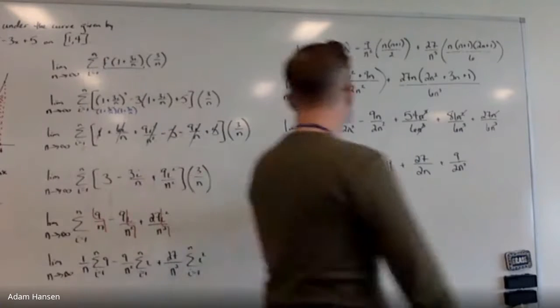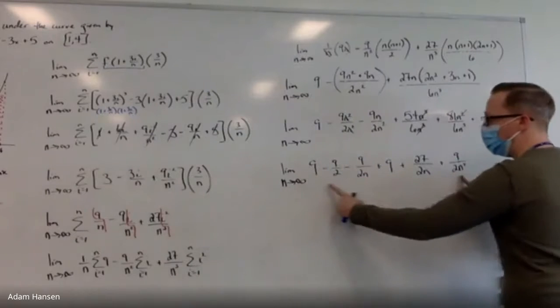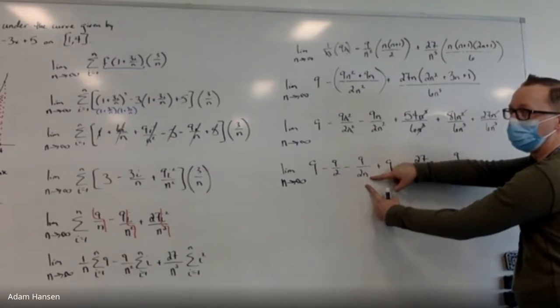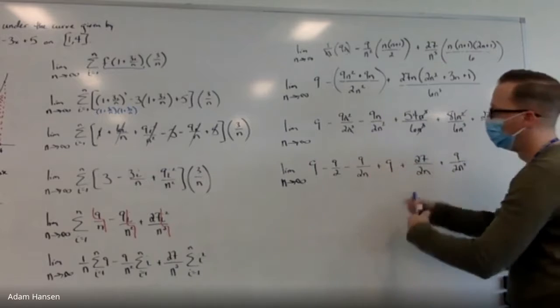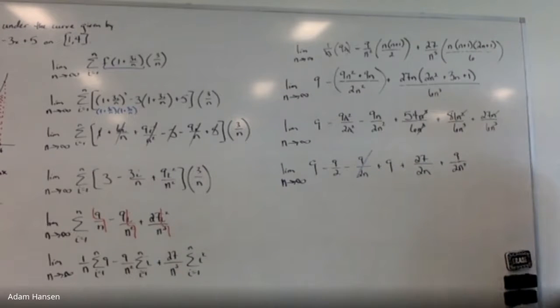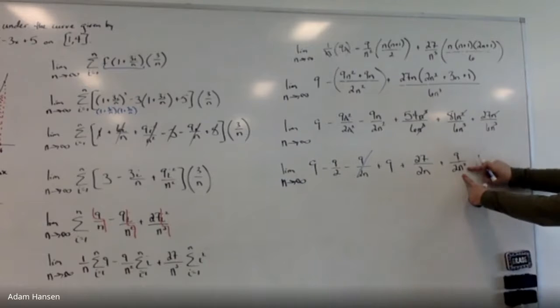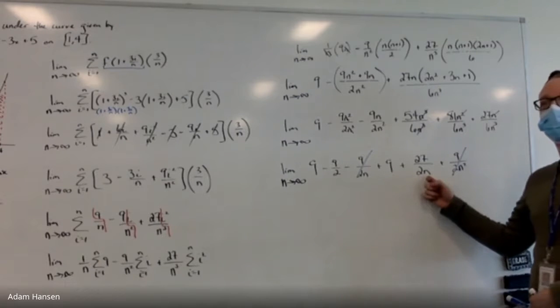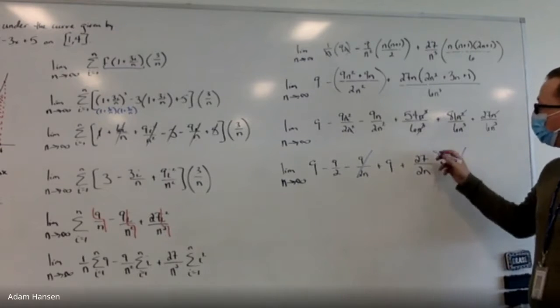As n goes to infinity, wouldn't 9 divided by a really, really big number go to 0 pretty quickly? That goes to 0. Same thing here: 9 over 2 times an infinite number squared is also going to be 0. Oh, I didn't see this one also, right? I didn't see the n on this one. That one's gone too.